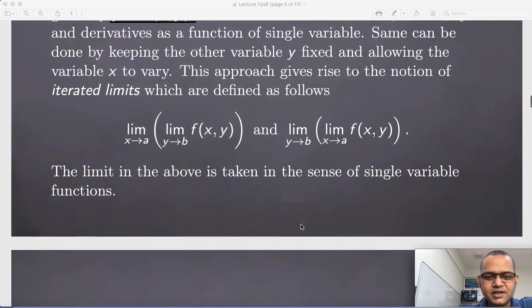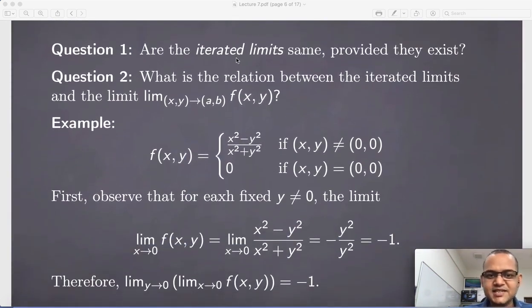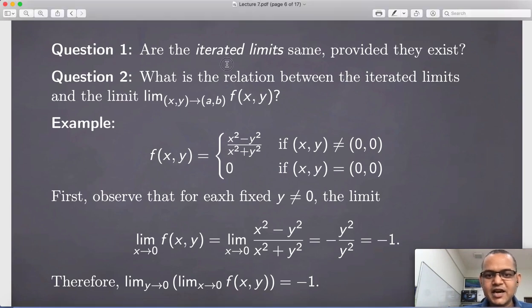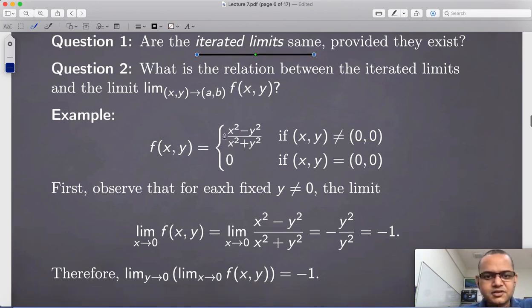So let us try to see some examples. As I said, one can ask whether these are going to give us the same answer or whether they are different. So we have to work out certain examples. The second question is that one basically has three limits with us.